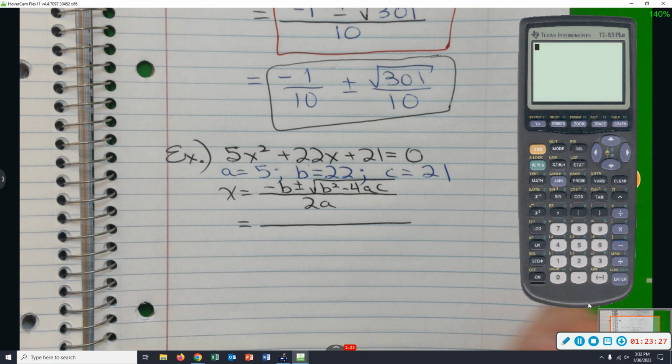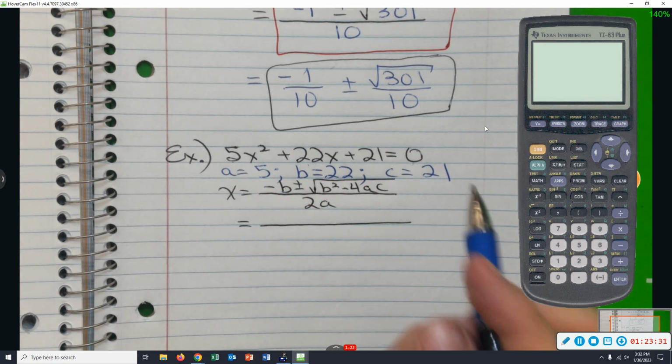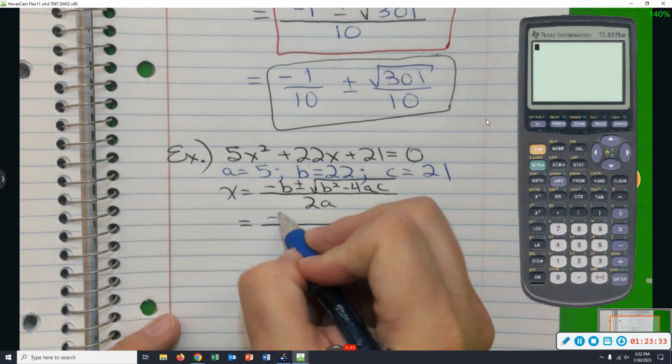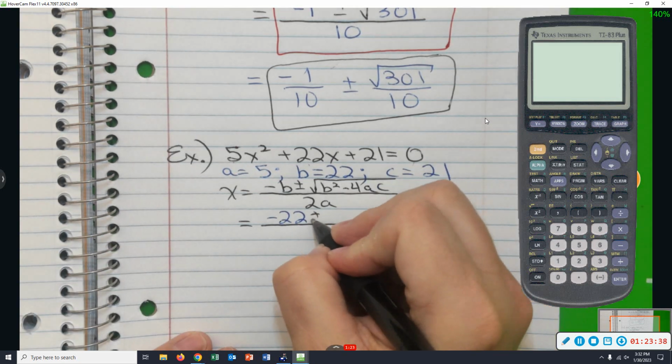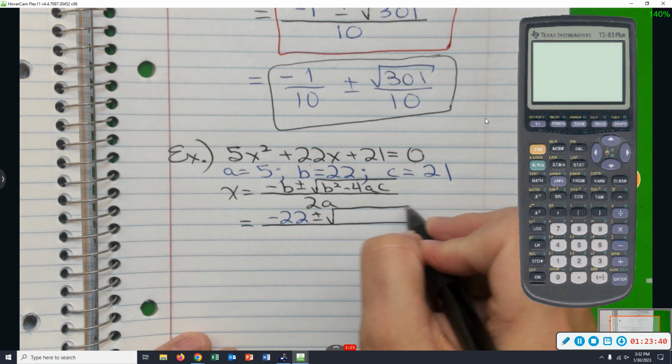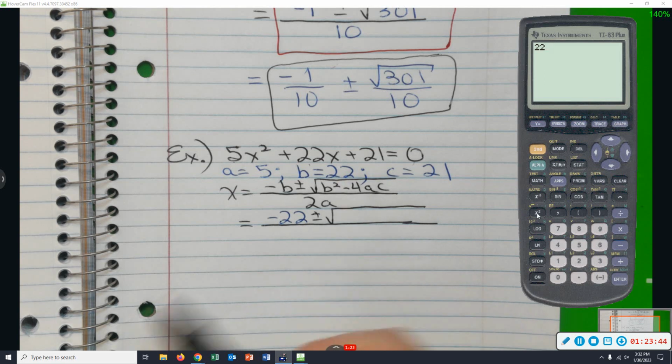Okay, that's better. Negative B, negative 22, plus minus the square root of 22 squared. 22 times 22 is 484. I looked at Tony's calculator.